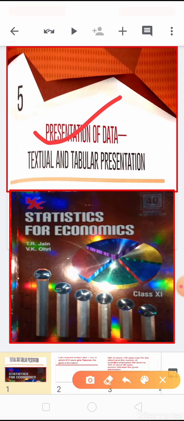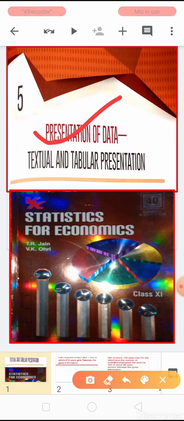As I just said, the theoretical portion is already over in the last video. Now in today's video we will learn about the numerical portion of this chapter, how data is presented in the form of rows and columns.